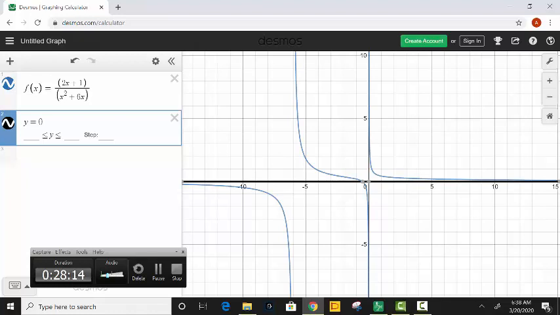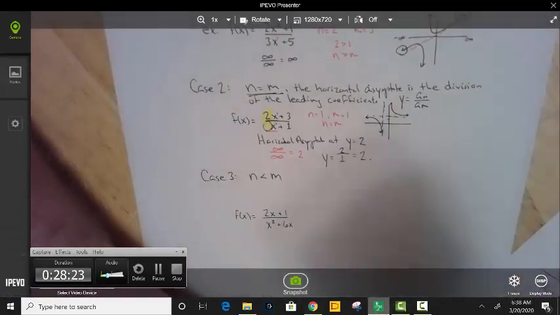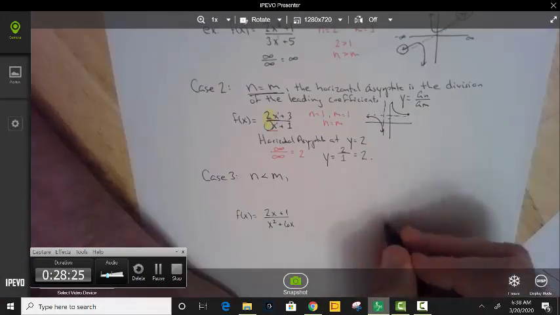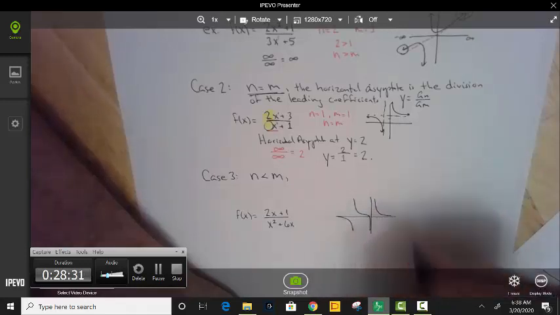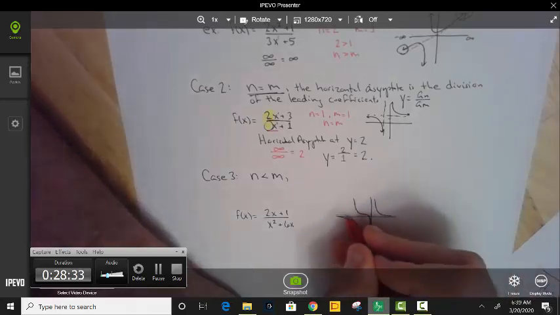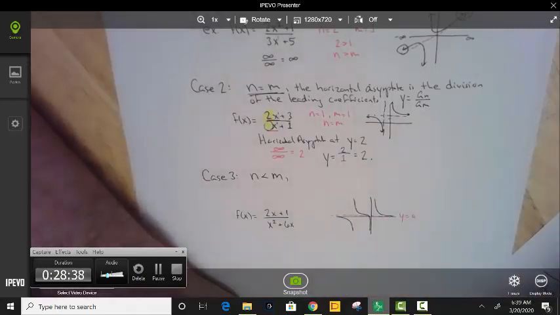And that's going to happen every single time the degree on top is smaller than the degree on the bottom. So if n is less than m, let me go ahead and just draw this picture real quick. We got something like this. We got a horizontal asymptote at y equals 0.